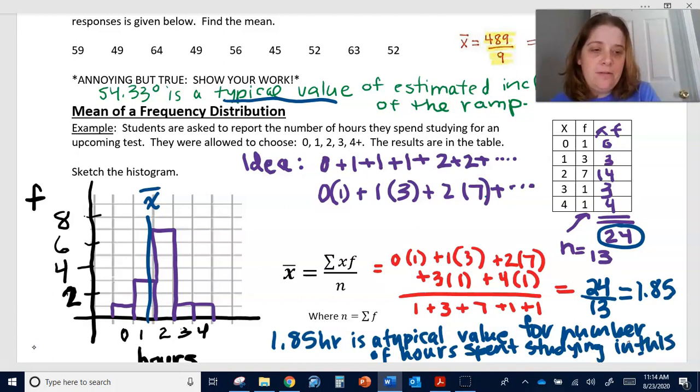Oh, I ran out of room to write it. Sample. There we go. So 1.85 hours is a typical value for the number of hours spent studying in this sample.